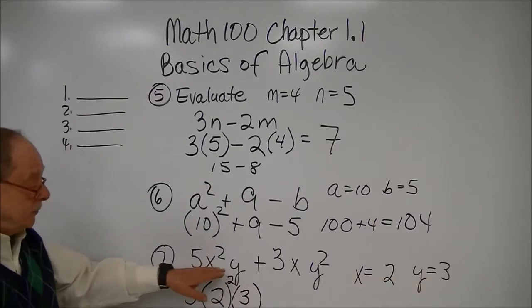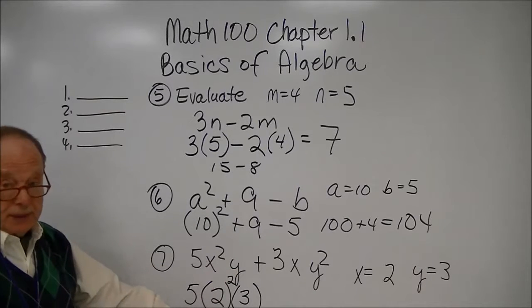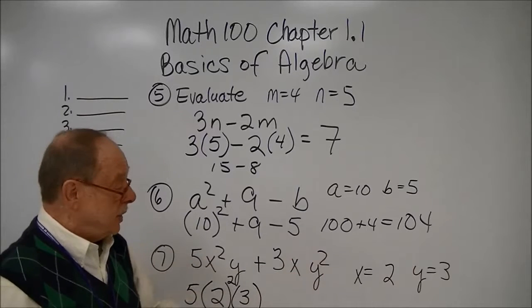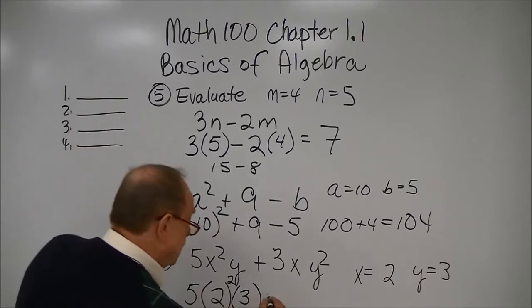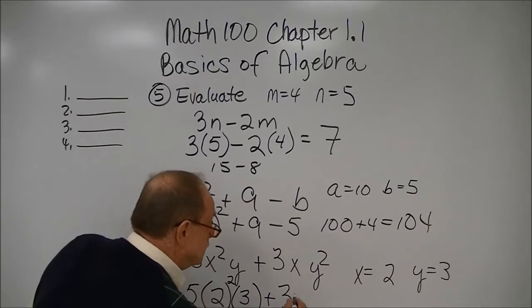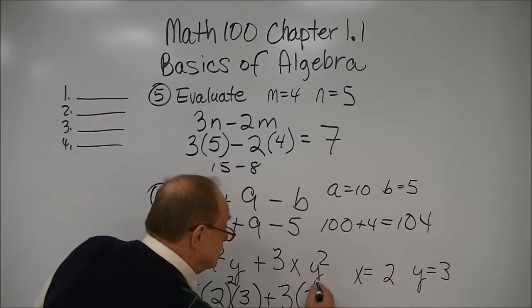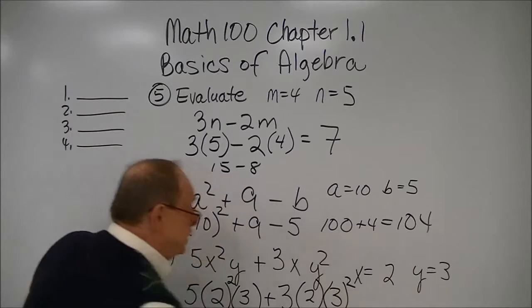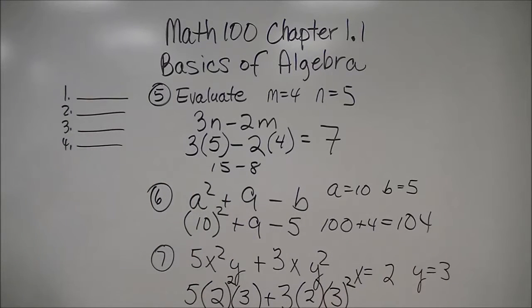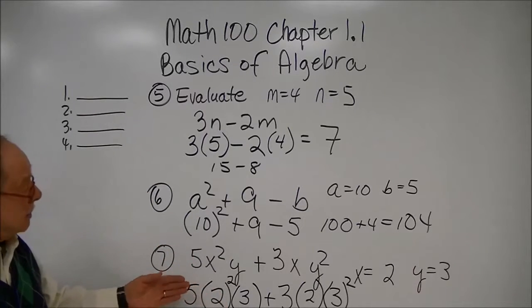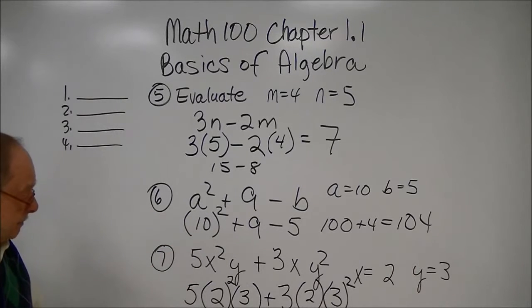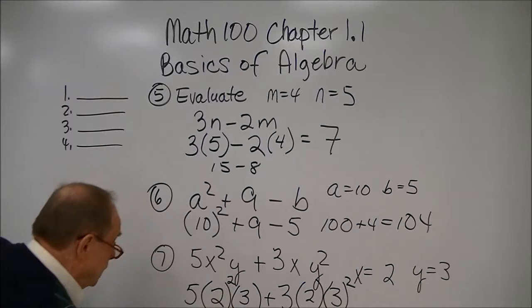So we've just changed it from algebra to arithmetic by replacing the letter, the variable, with a known value. X is 2. Now the y, which is 3, is the one that's squared. Over the years I've found, as long as you follow a pattern like this, the use of parentheses is a very good device.